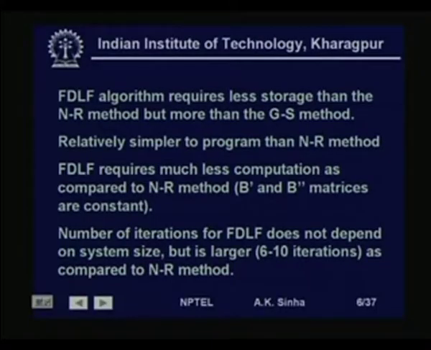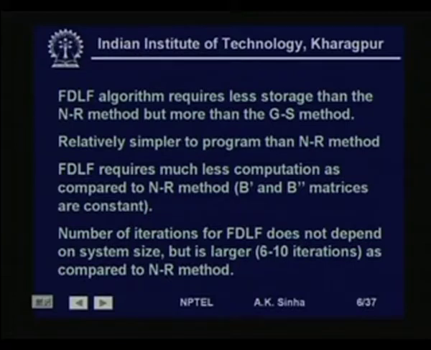Whereas, in case of the Newton-Raphson method, you have to compute the Jacobian matrix in each iteration and then factorize it in every iteration for finding out the updates for voltage magnitude and phase angles. In fast decoupled, we do not have such a situation, since B dash and B double dash matrices are constant, they can be factored and stored once for all the iterations.